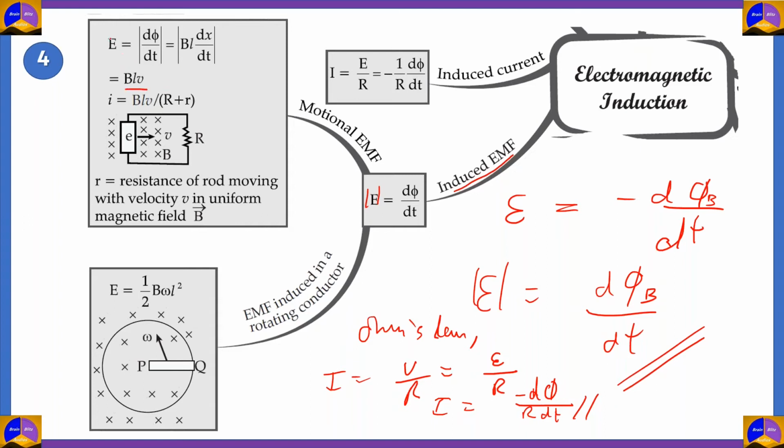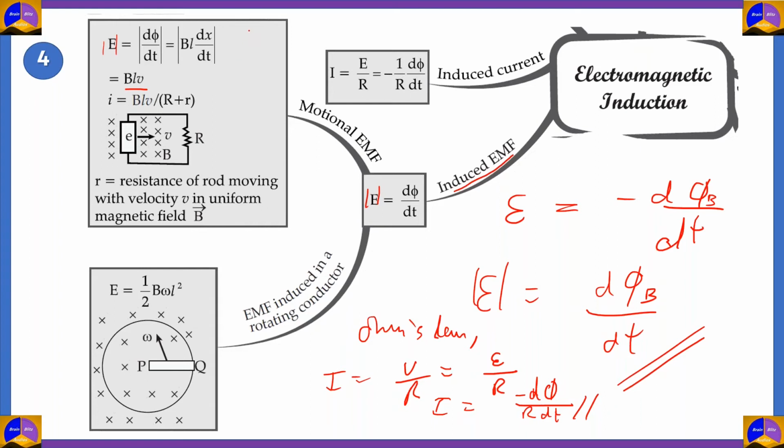So over here, modulus of E is modulus of d phi by dt, which is equal to, in this case, there is change in area. So in delta t, the rectangular loop covers a length of delta x. So the decrease in area is minus of length times delta x.